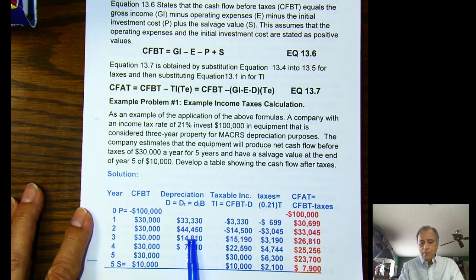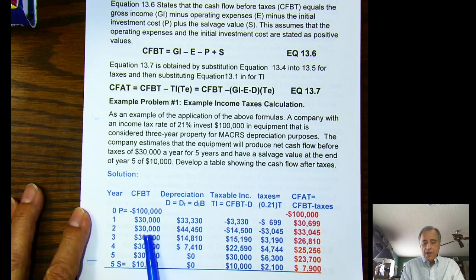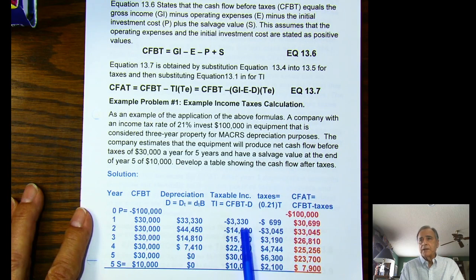Year 2, the factor from the table is 0.4445. So when I multiply that times, always multiplying it times the basis, the original P value, I get a tax deduction of $44,450, which is subtracted from the net operating income of $30,000 to give me minus $14,450 taxable that year in year 2.